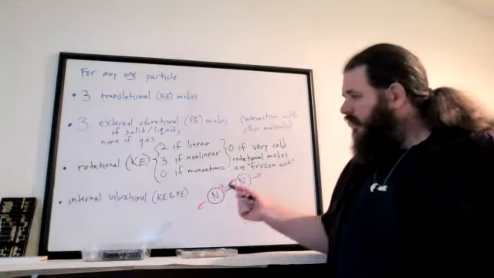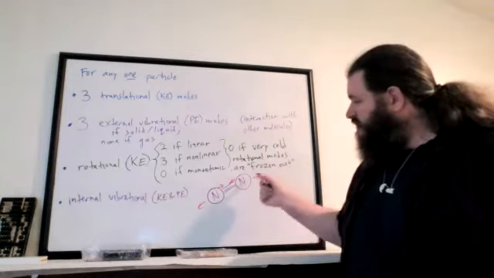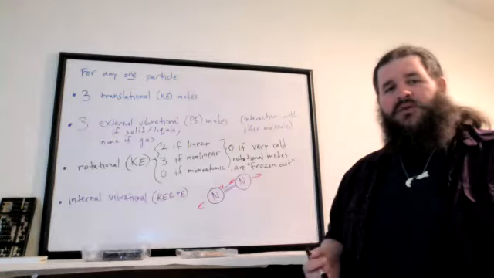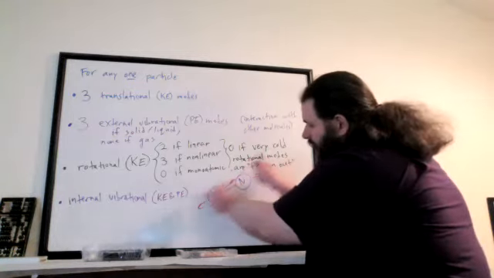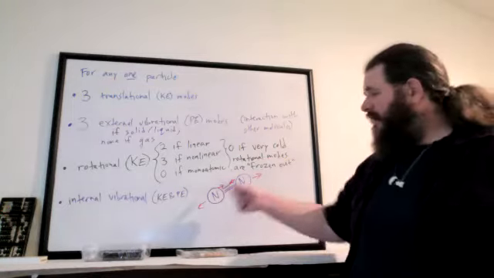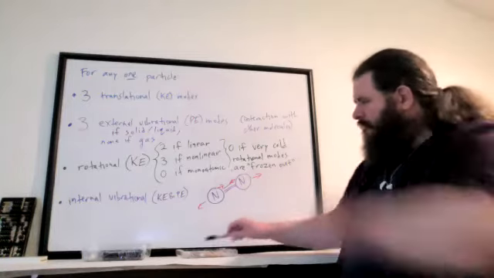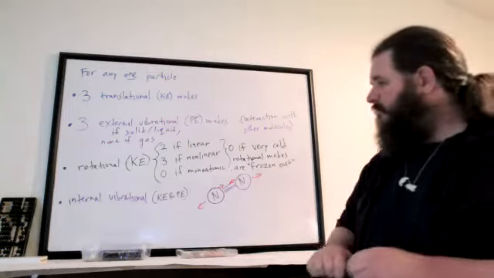So since the only motion we care about for internal vibration is along that 1 dimension, we can treat this as a 1-dimensional oscillator. It has 1 mode of kinetic energy, because they could be moving along this 1 axis, and it has 1 mode of potential energy, because they could be interacting with each other along this 1 axis. So for a diatomic molecule, we'd say it has 2 internal vibrational modes.